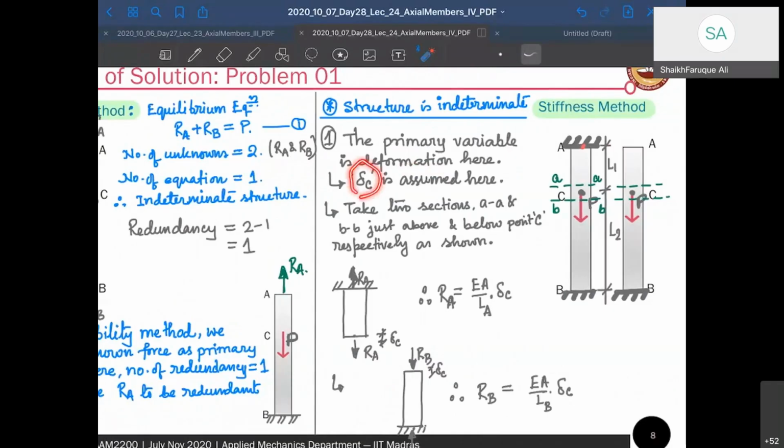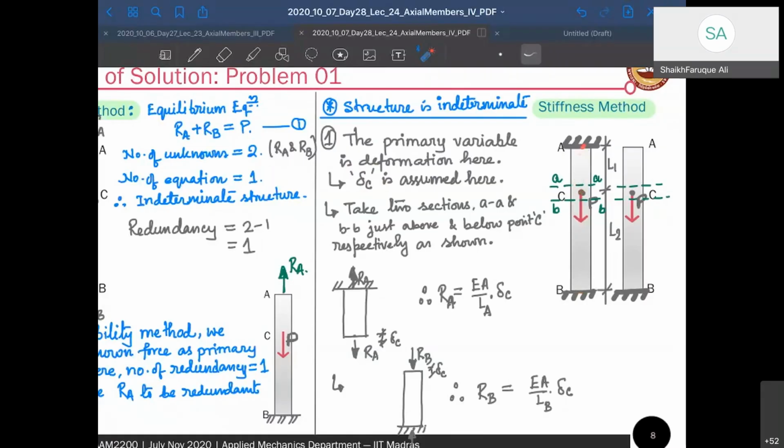What is delta C? Delta C is the deformation at C, right? The bar will not move at A, neither will it move at B, but it will have some deformation at C because of the force given. Let's say that I know delta of C here.